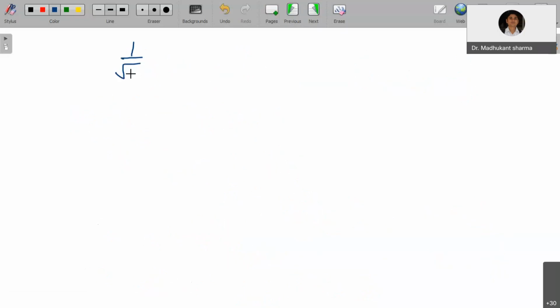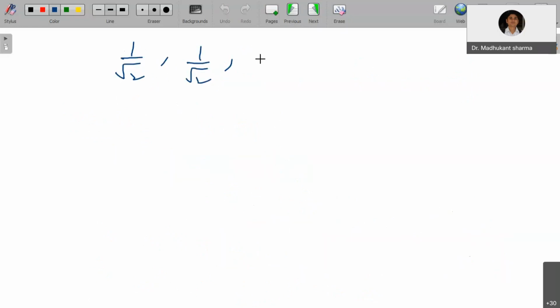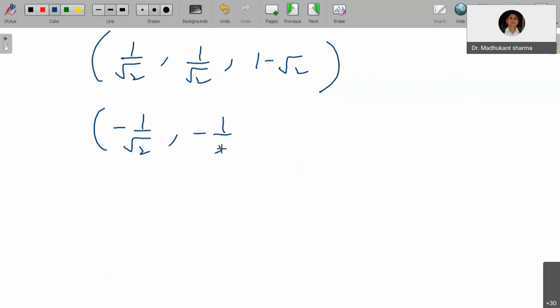So the pairs you obtained are: x is 1 by root 2, y is also 1 by root 2, and z is 1 minus root 2. Another pair is minus 1 by root 2, minus 1 by root 2, and 1 plus root 2.